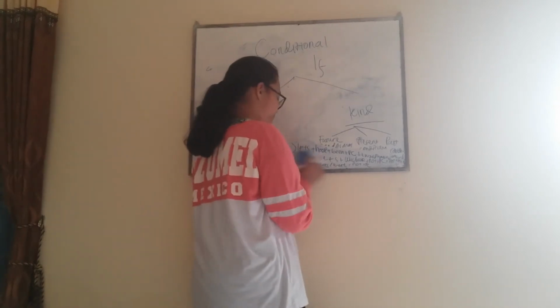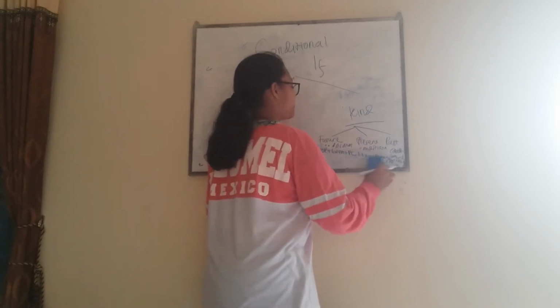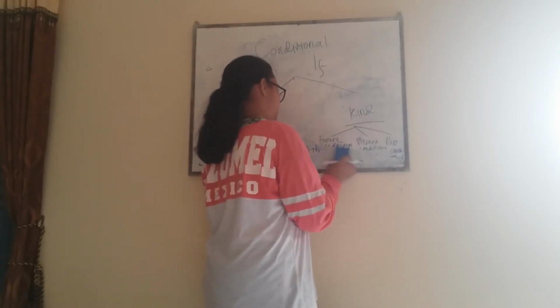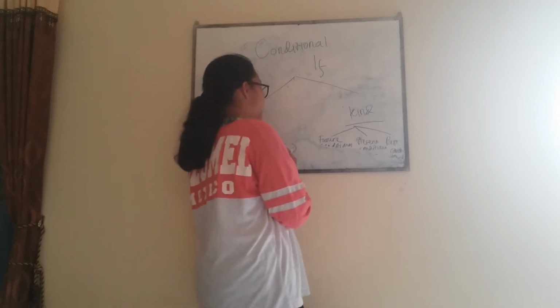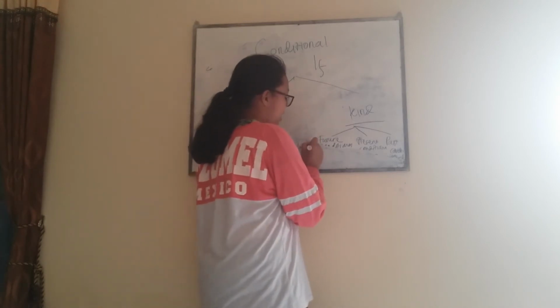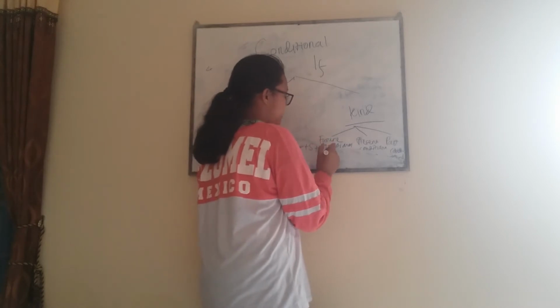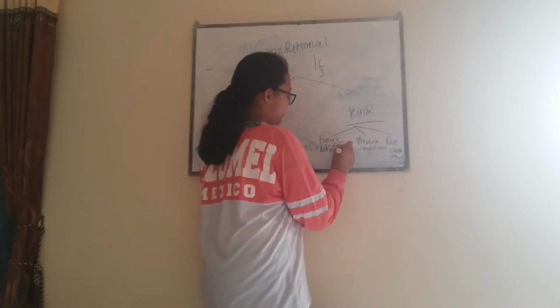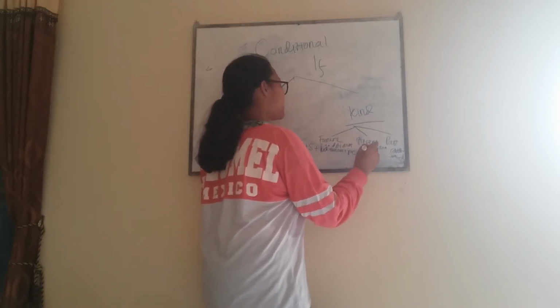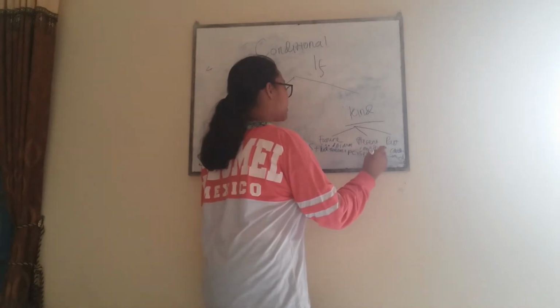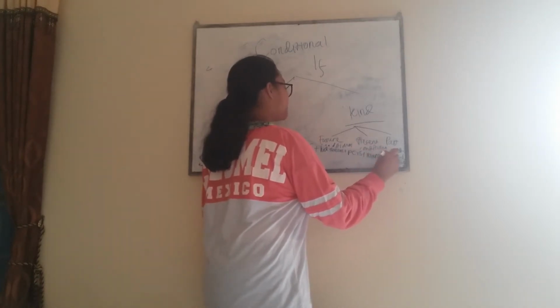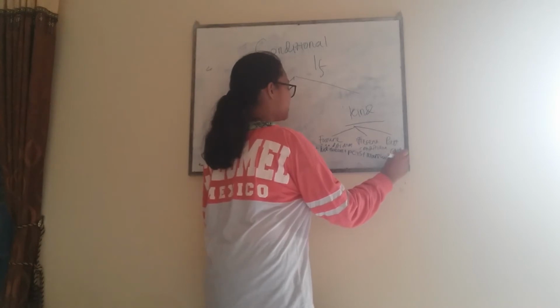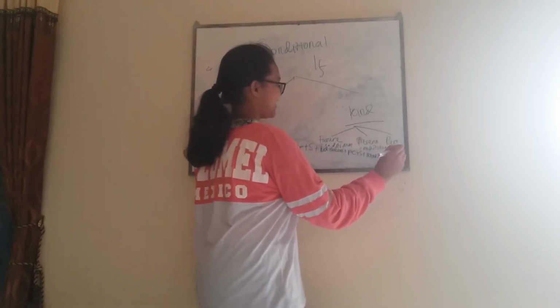And now, the negative pattern. In the negative pattern, the pattern is if plus subject plus had plus been plus predicate complement, comma subject plus would have plus been plus predicate complement.